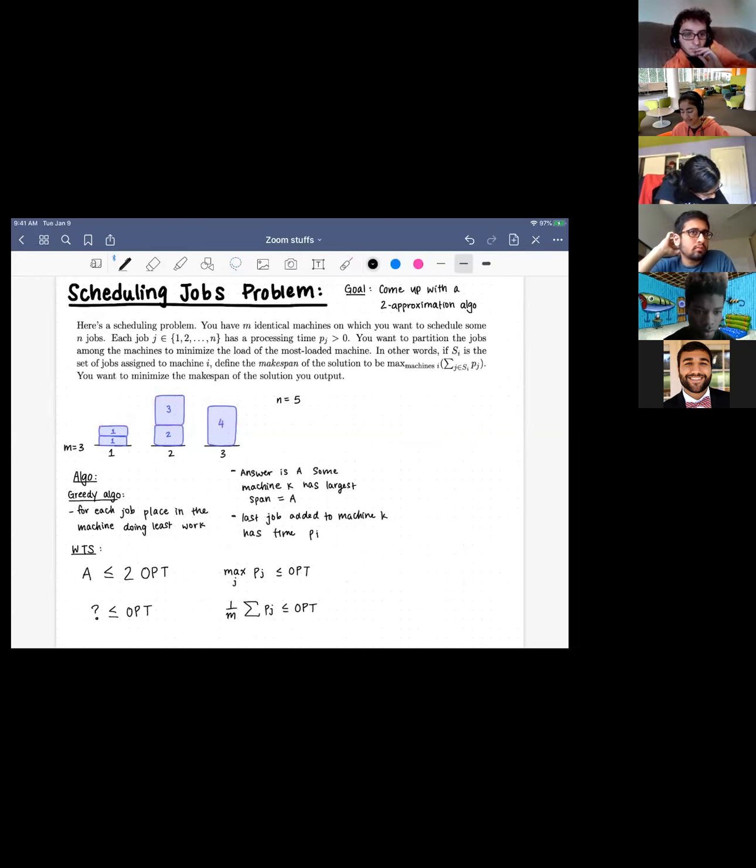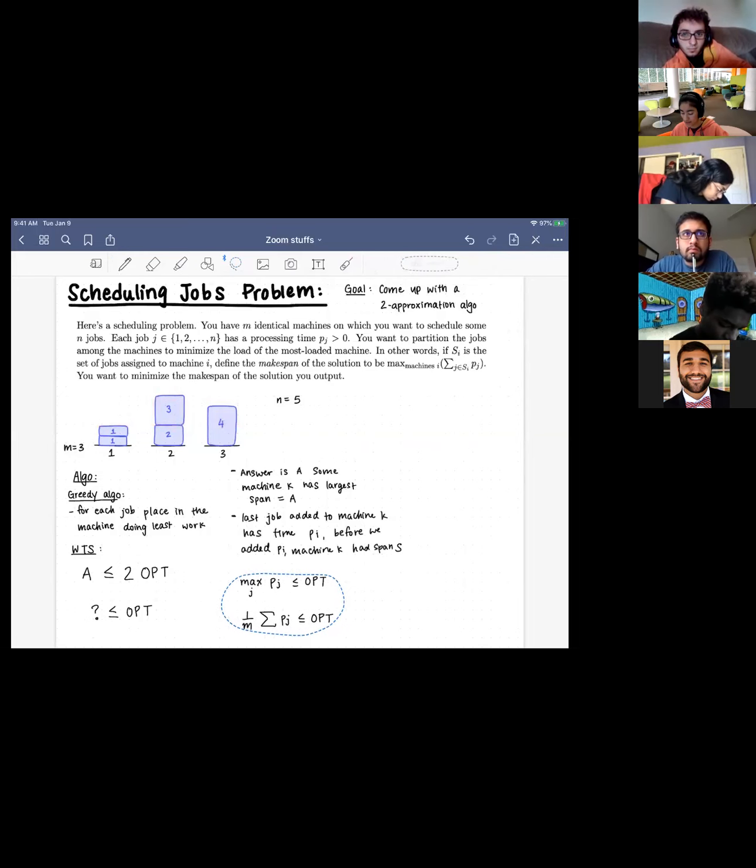Let's call that span S. So before we added pi, machine K had span S. Going back to our example, S in this case would be 2, because this machine had a span of 2 before we added 3 on top of it. So our answer overall, if we stick all of these together, is going to be S plus pi. Are there any questions so far?